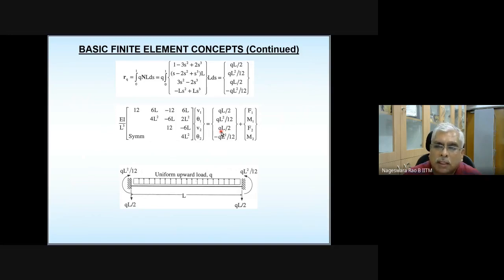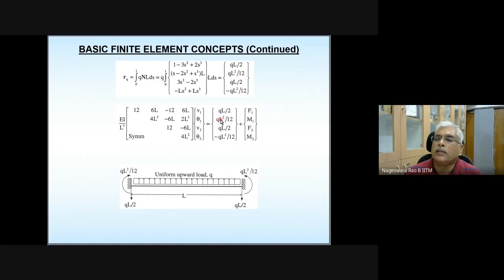All the forces acting in the upward direction are positive. So this also should be acting in the upward direction, but it's shown in the downward direction. We'll see in a while. Okay, this one. And here the sign convention is all the moments acting in the counterclockwise direction are positive.